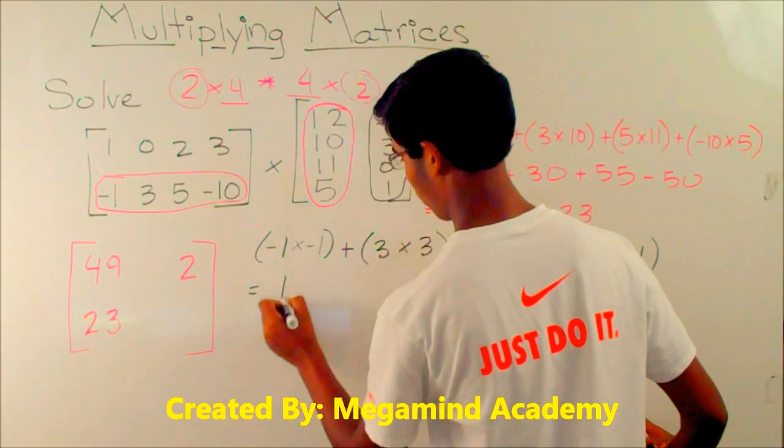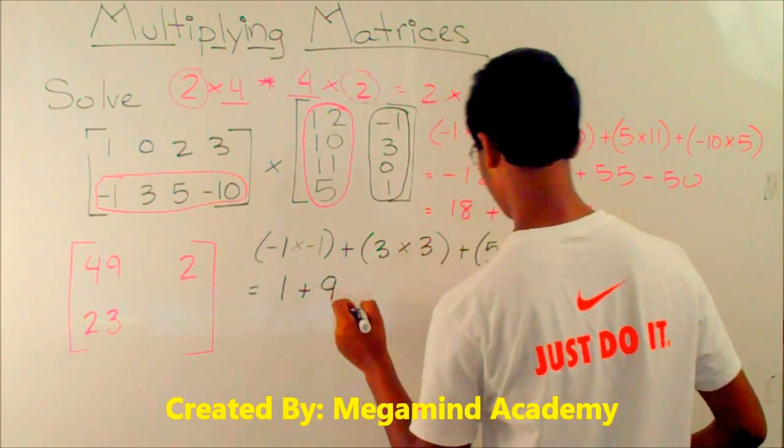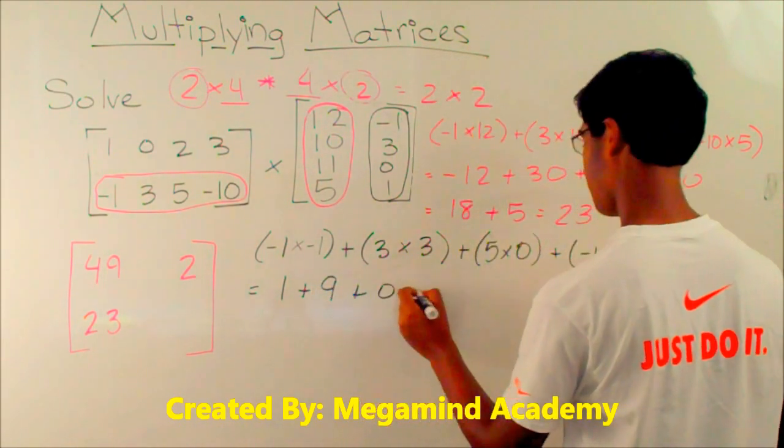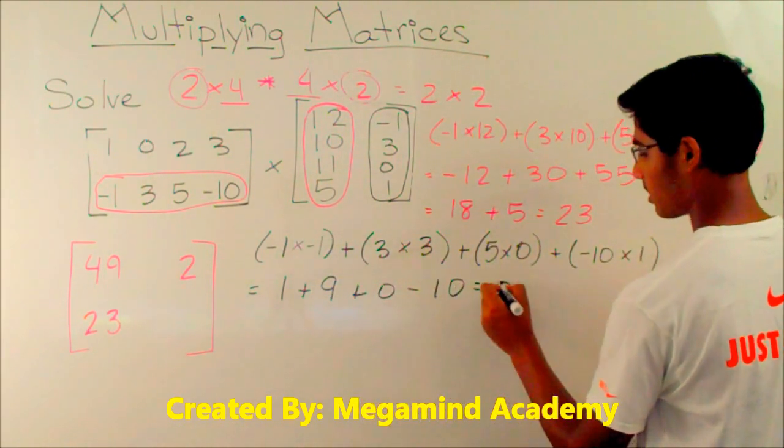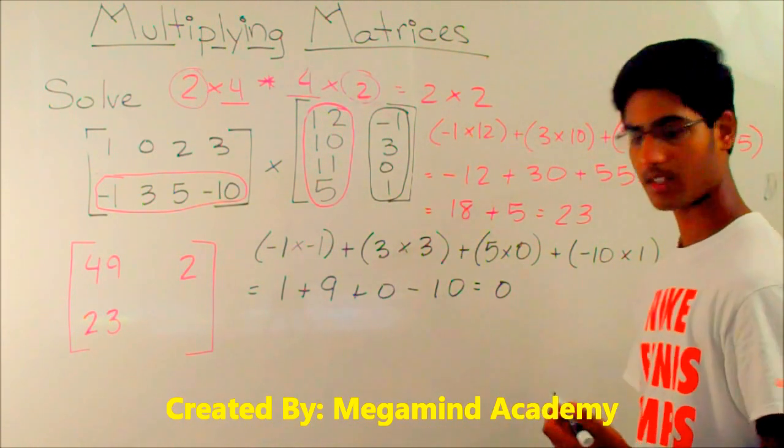That gives us 1 plus 9 plus 0 minus 10, which is equal to 0.